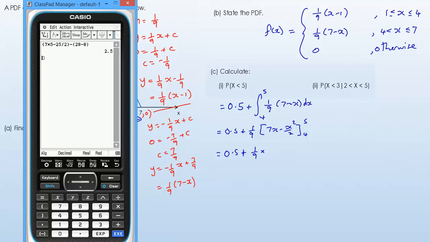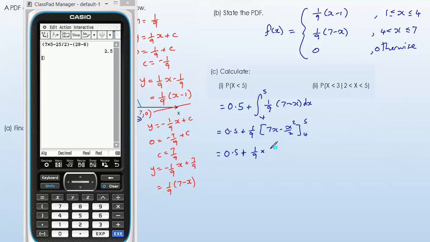And work that out, and that is 2.5, or 5 over 2. So this is going to be a half, add 5 over 18. Well, a half is 9 over 18, so altogether that's giving us 14 over 18. And of course we could cancel that down, so maybe we should do that and make it 7/9.